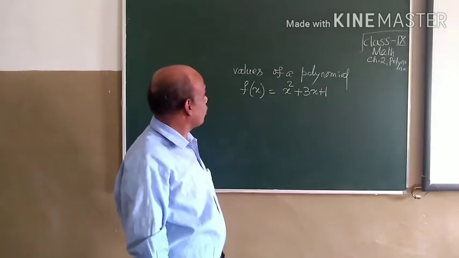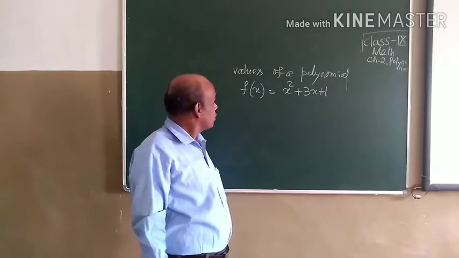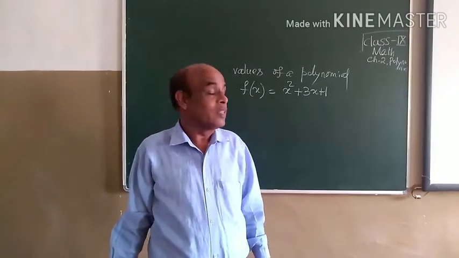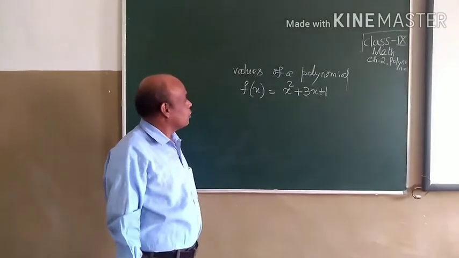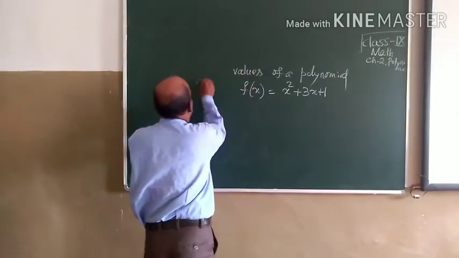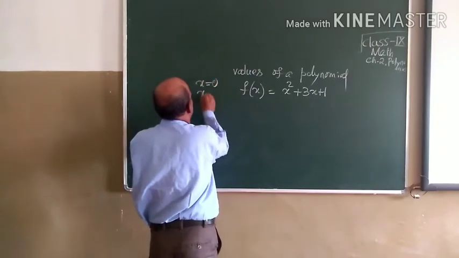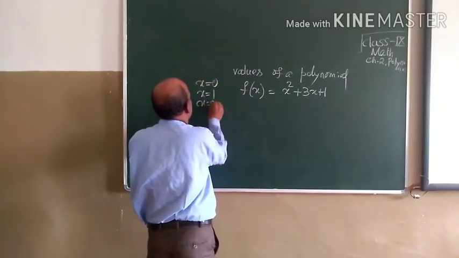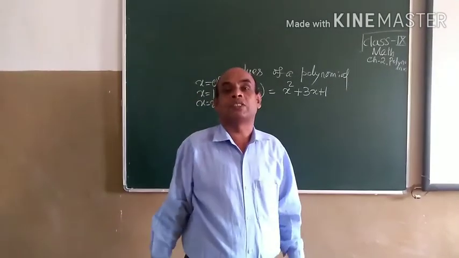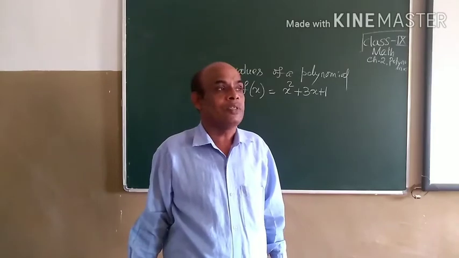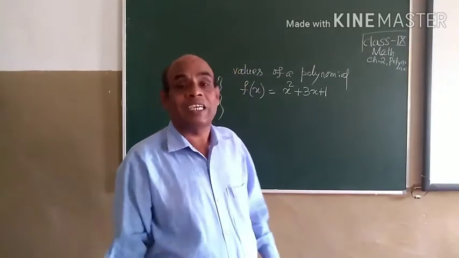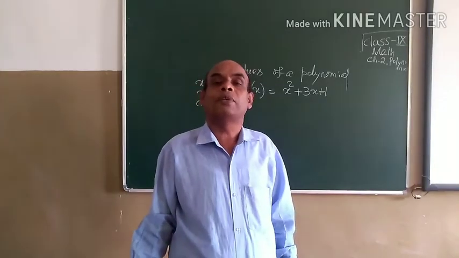You have to find the value of the polynomial when x is equal to 0, x is equal to 1, x is equal to 2.